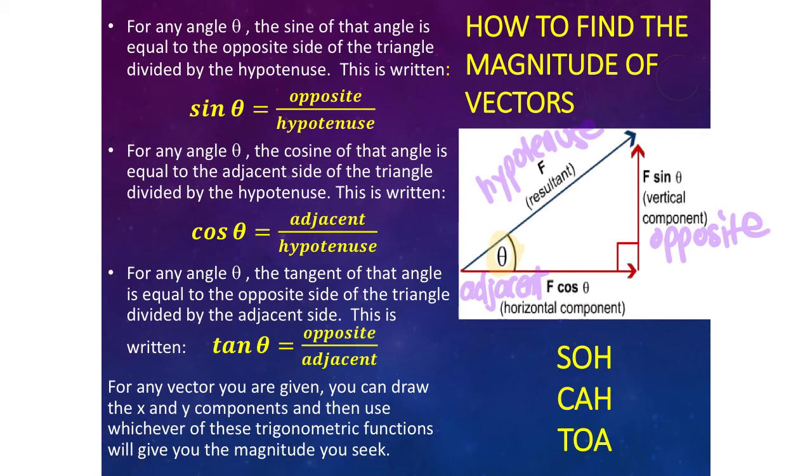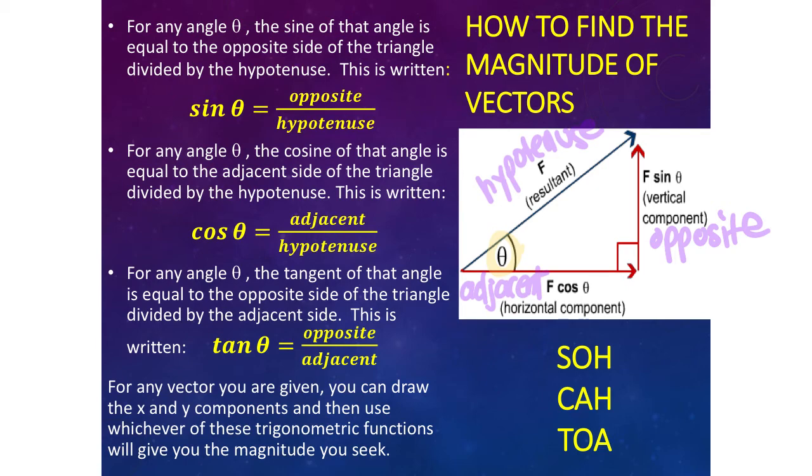Now, if you know the angle and any one of those sides, you can get the other. And if you know any 2 of the sides, you can get the angle itself. And so you can actually use these relationships, sine, cosine, tangent, and a calculator to help you figure out both angles and all the lengths of the sides if you're given enough initial information.